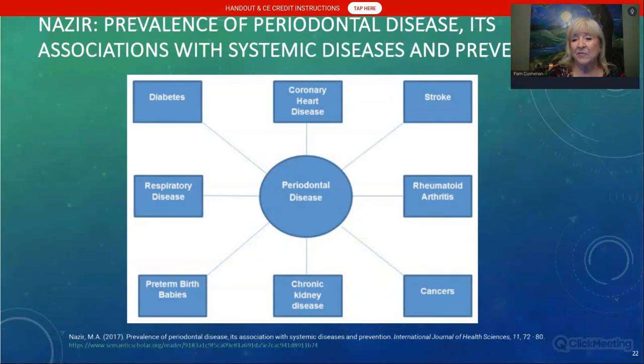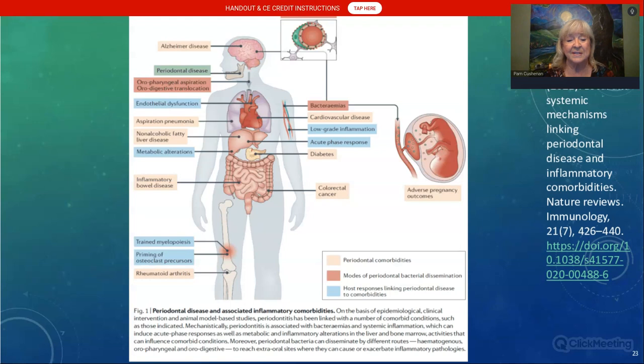When we look at one of the researchers that I've looked deeply into, Nazir, this individual lists periodontal disease as the centerpiece for all of these different types of medical conditions that we've just mentioned. That's a pretty serious concern when something that's originating in the oral cavity can have such a direct impact on these different conditions.